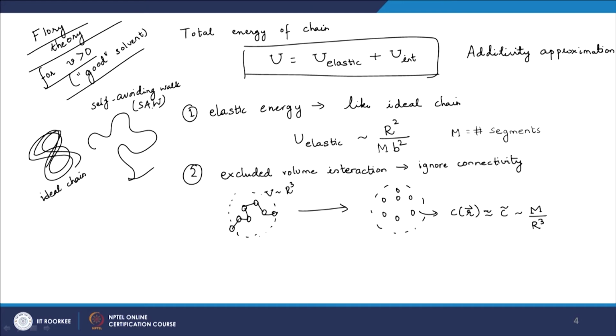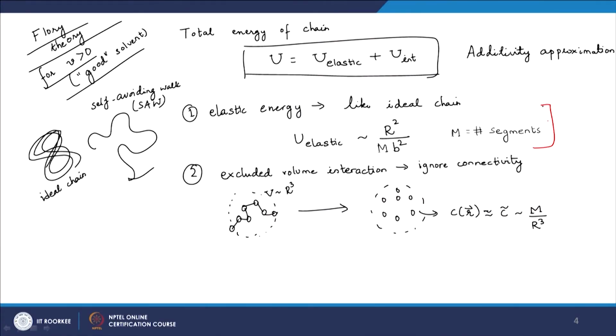So if the chain is more stretched, then the elastic energy, if I really had considered the non-bonded interaction, would have been higher, and in fact, by assuming it to be an ideal chain, we are underestimating the elastic energy. So, this is underestimated.